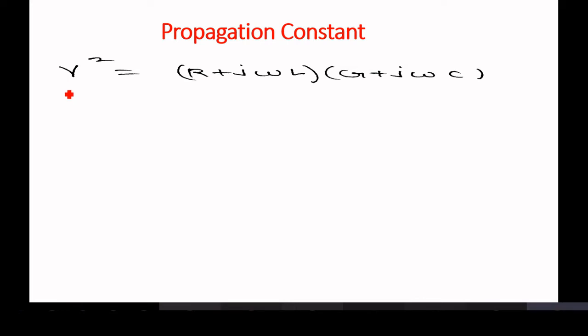Now we have seen that gamma is called the propagation constant. Gamma square is given by (R plus j omega L) into (G plus j omega C).